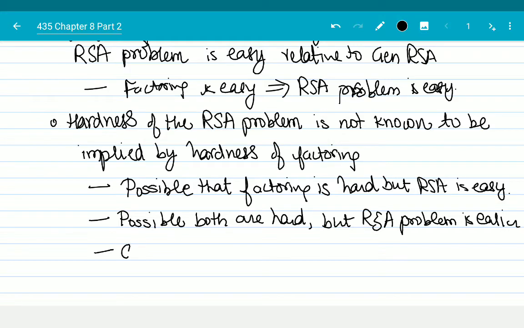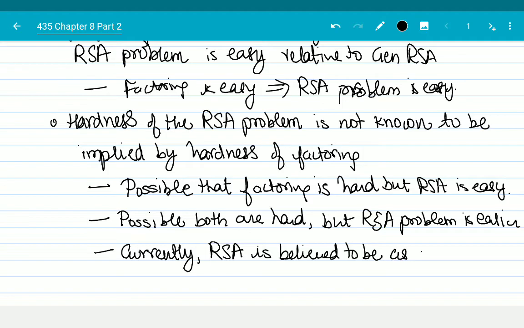So currently, RSA is believed to be as hard as factoring.